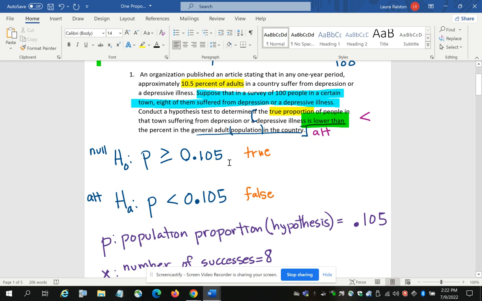Now, there again, if I go to a different town or a different country, we might come up with different results. But based on the evidence we have at this particular moment, in this particular scenario, we have found that the population proportion is greater than or equal, aka not lower than 0.105.